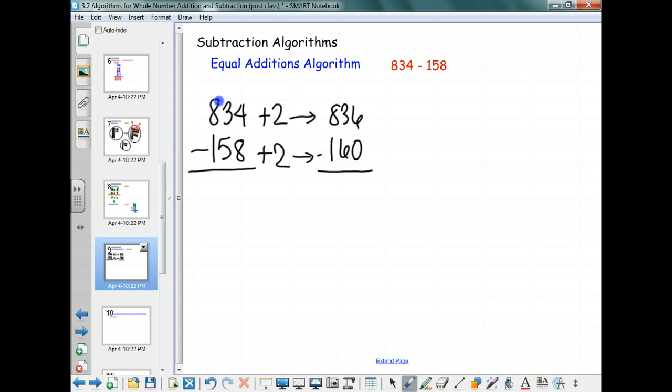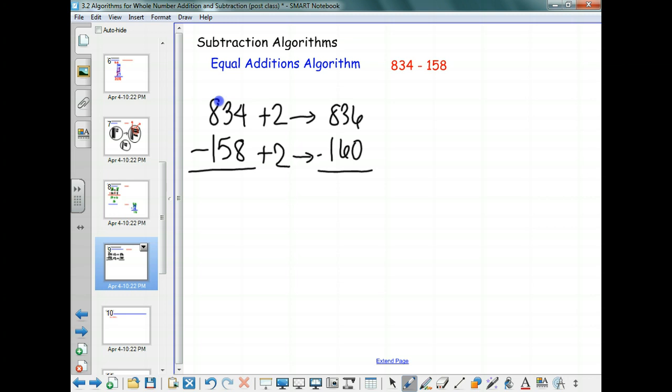The result didn't change, but the numbers changed a little bit. But if you'll notice, if I actually try this subtraction, I still have to borrow 1 because the 6 has a 3 above it. Not so good.